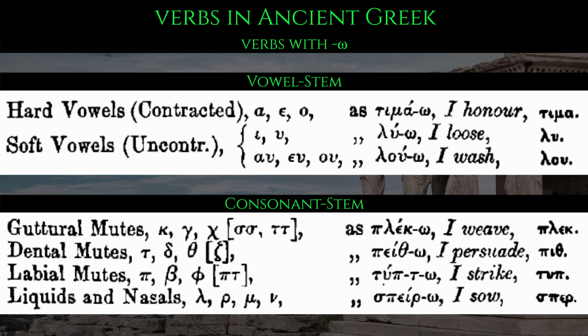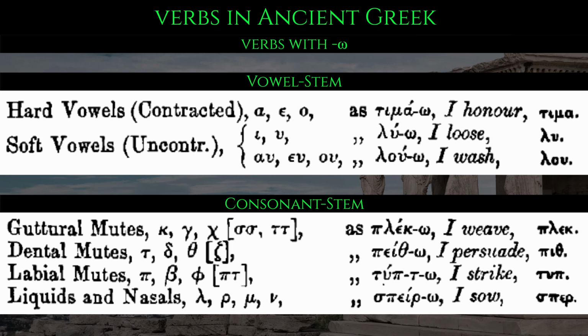Here we have again a, e, o. For example, timao, which means I honor. And then we have the soft vowels, uncontracted. Here we have iota and upsilon, for example, lyo, I loose, as well as diphthongs like au, eu, ou, for example, louo, I wash.